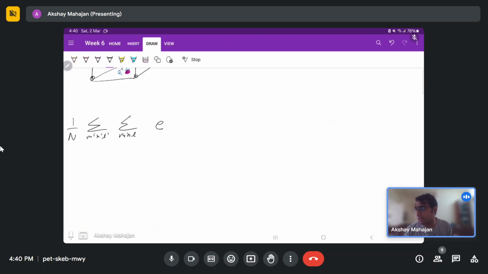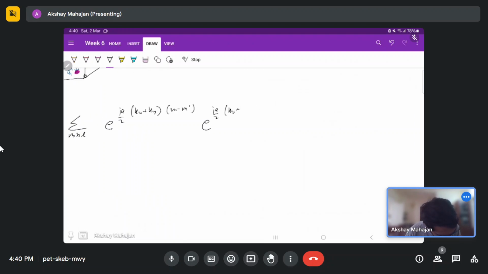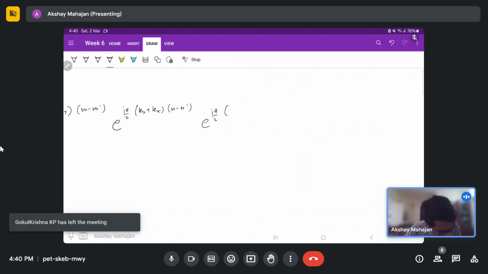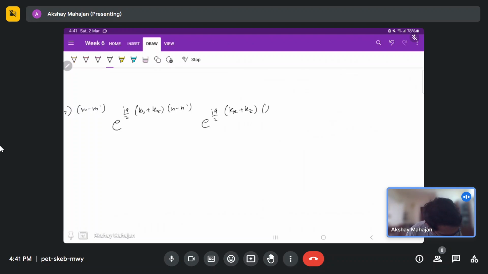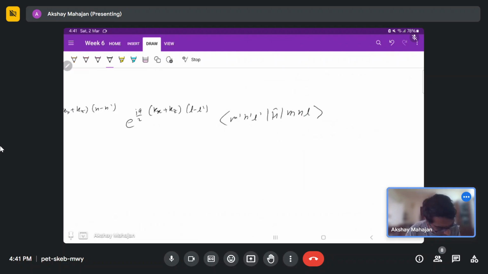From k vector dot a1 vector, it will be e to the power iota a by 2 (kx plus ky) times m minus m prime, and e to the power iota a by 2 (ky plus kz) times n minus n prime, and e to the power iota a by 2 (kx plus kz) times l minus l prime, and then you will have the integral m prime, n prime, l prime, h cap, m, n, l.